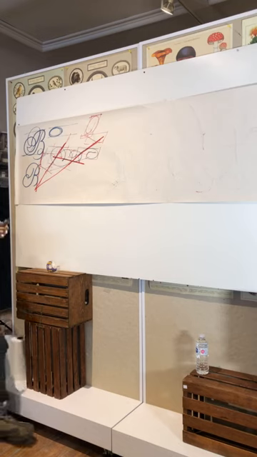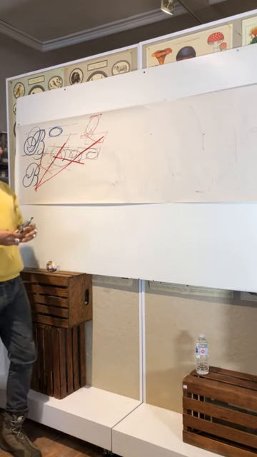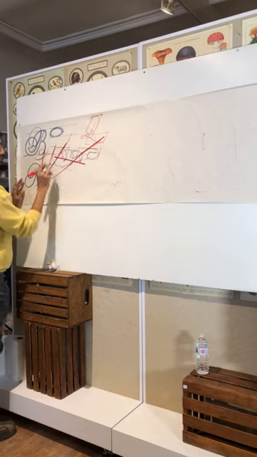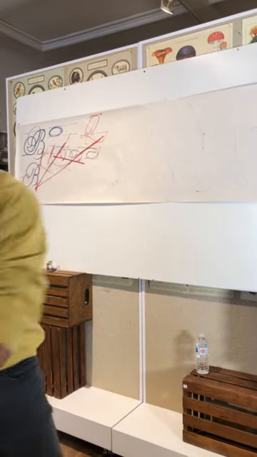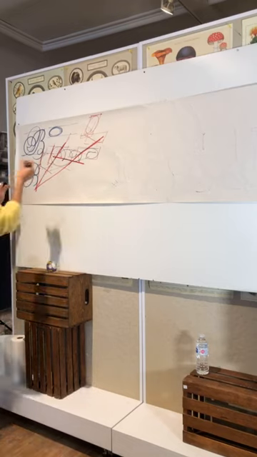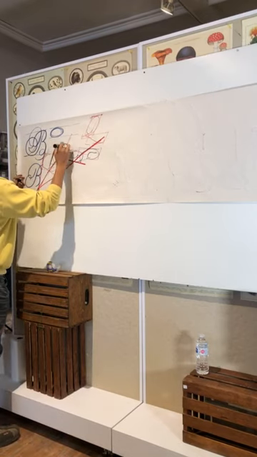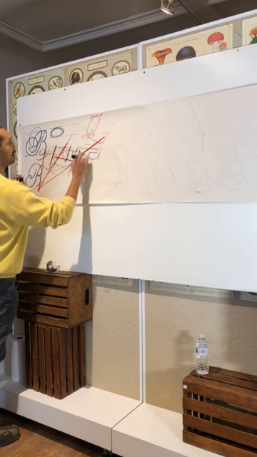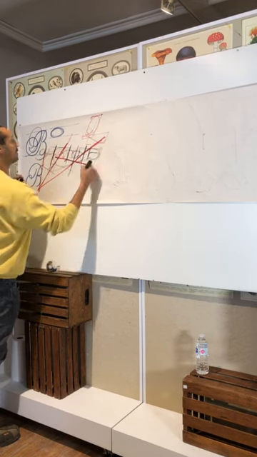So when it comes to this, let's get the black marker. So we have 1, 2, 3, a half, 4, 5, 6.